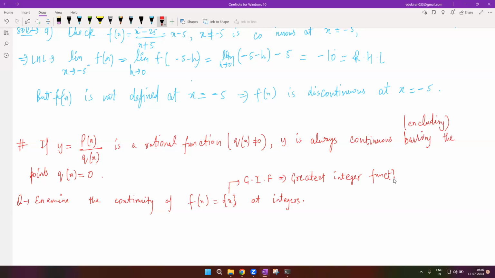Let's understand the functioning. These are curly braces, by the way. Let's say I am giving an integer as the input. I want to find out the GIF value of 3. I can call it GIF of 3. So GIF of 3 will be 3 only. Why? The job of GIF is to produce an integer. If you're giving an integer as an input, its job is already done.